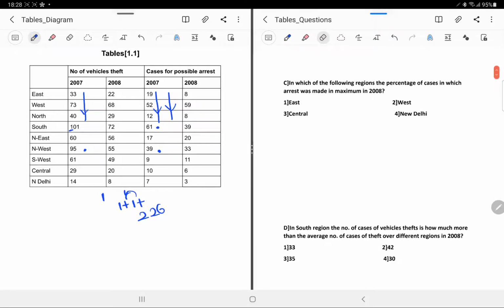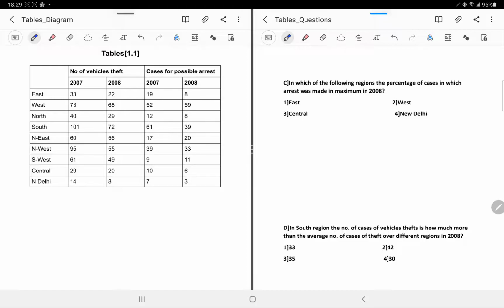Now let's try to solve the next question. In which of the following regions is the percentage of the cases in which arrest was made maximum in 2008?